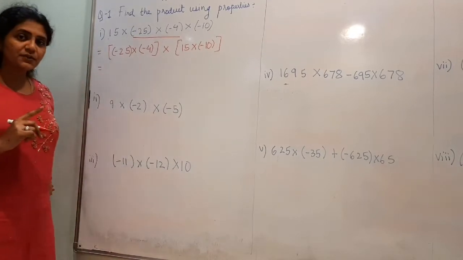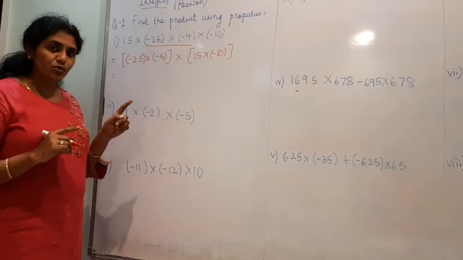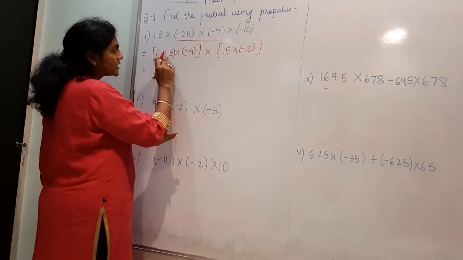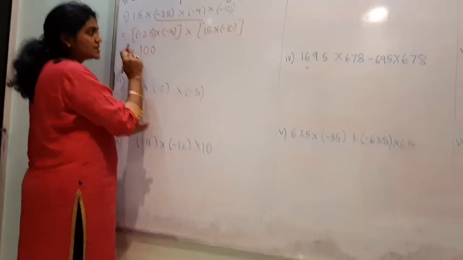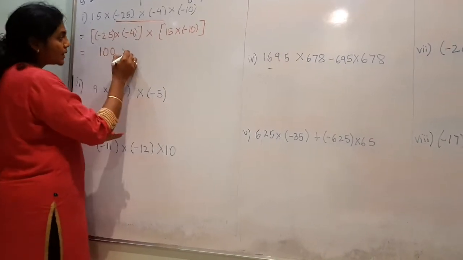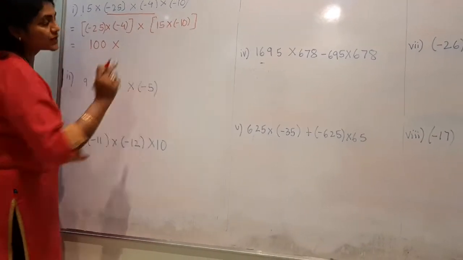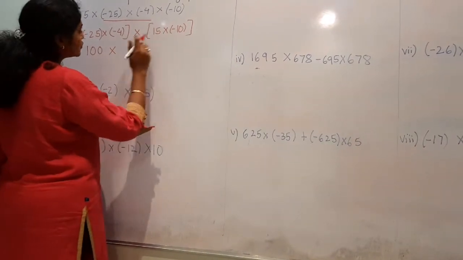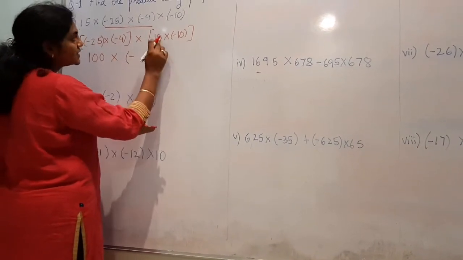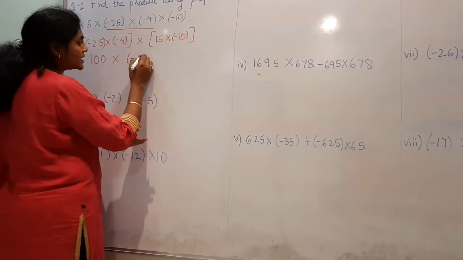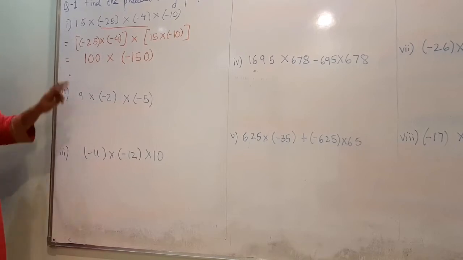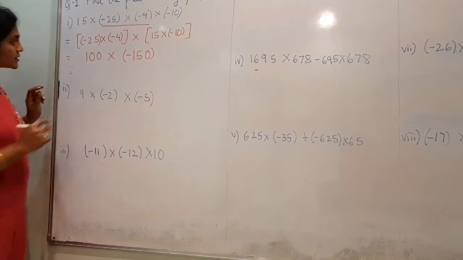So minus 25 into minus 4 is 100, because minus into minus is plus, multiplied by 15 into minus 10. So plus into minus is minus, 15 into 10 is 150. Then find the product.